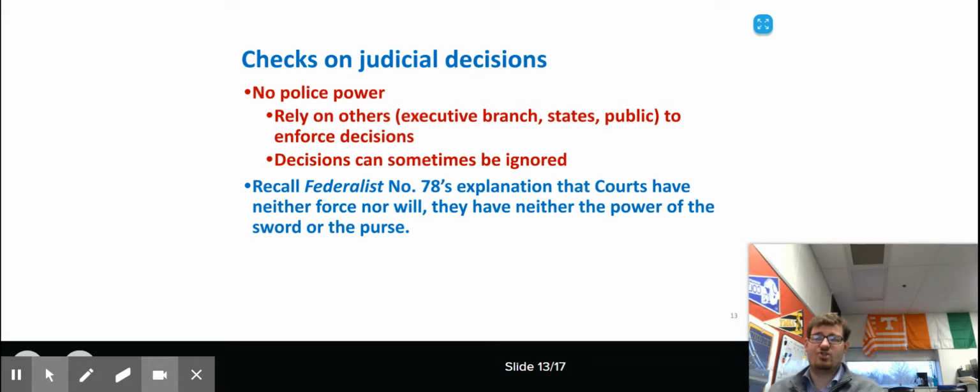So it is stuck relying on the executive and legislative branches to enforce and adhere to decisions made by the court. And because of Andrew Jackson, there is precedent to ignore court rulings. Like when it came to Indian removal, the Supreme Court ruled that removal was unconstitutional, and Andrew Jackson asked where the Supreme Court's army was.